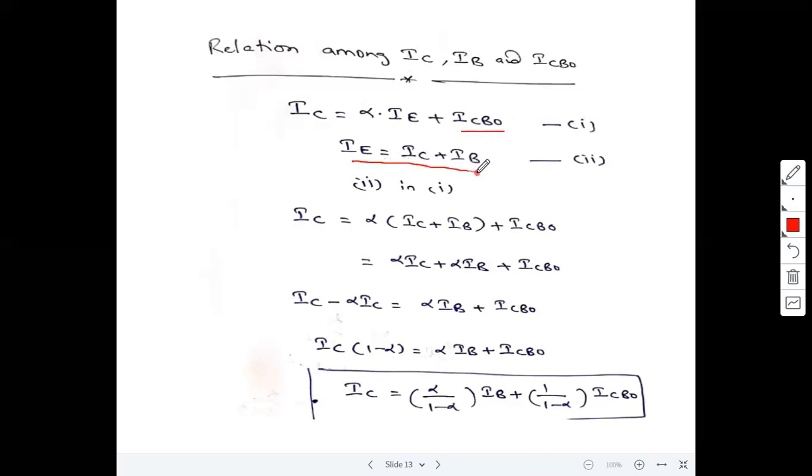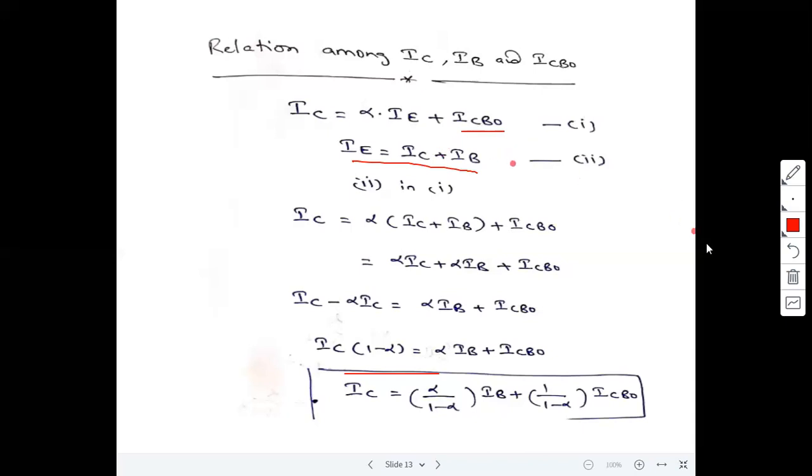Already we know that in a transistor, IE is equal to IC plus IB. Then simply substitute here, and with further simplification, finally IC is equal to alpha by 1 minus alpha times IB plus 1 by 1 minus alpha times ICBO. Remember this, the collector current with consideration of the leakage current.